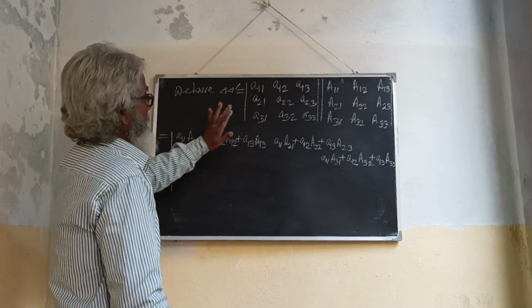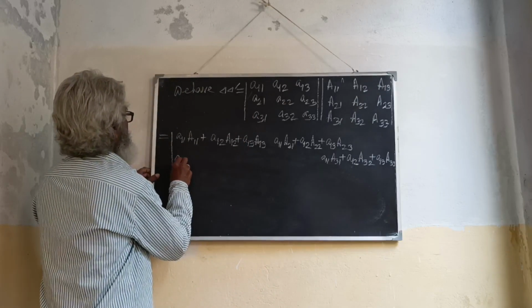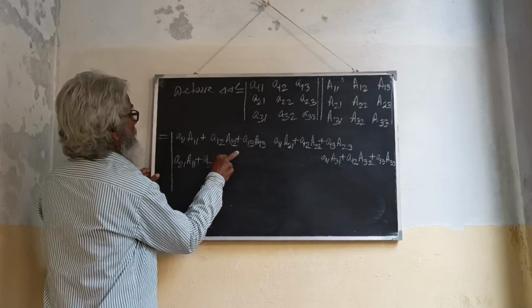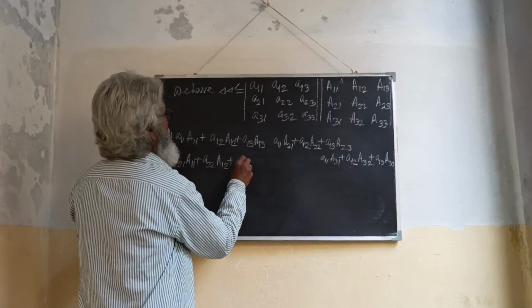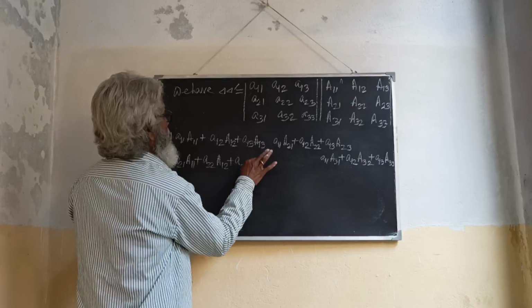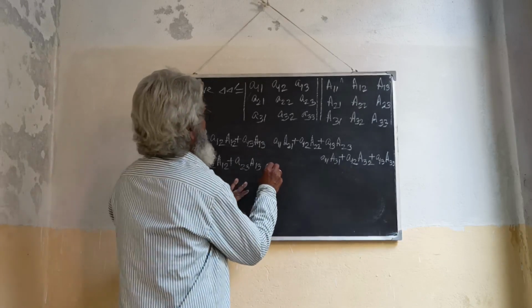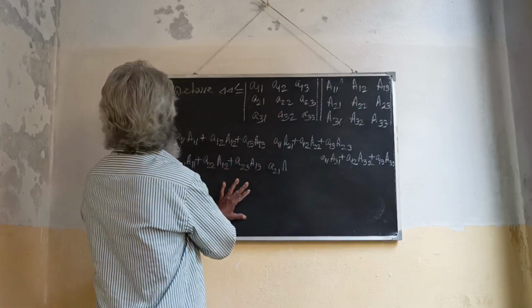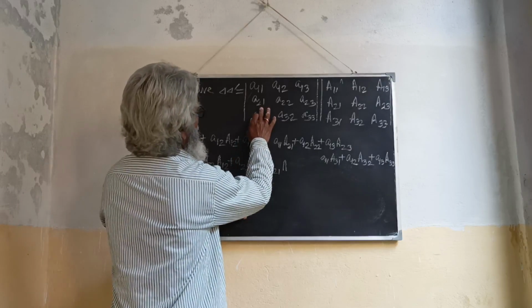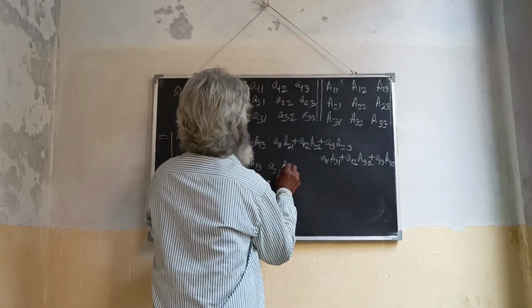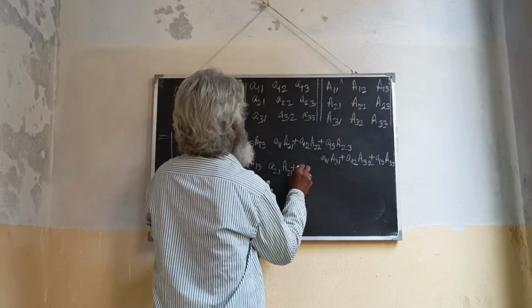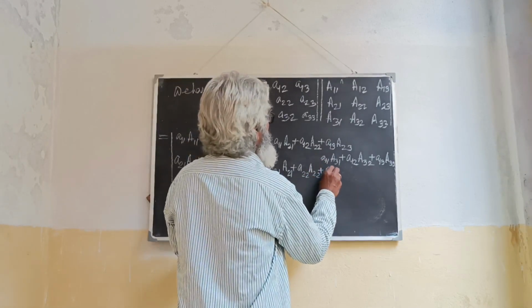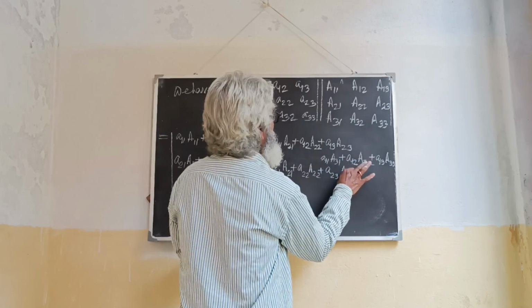Now go to second row. A21 A11 plus A22 A12 plus A23 A13. Then A21 A21 plus A22 A22 plus A23 A23.